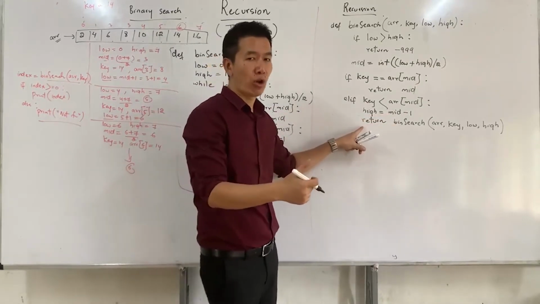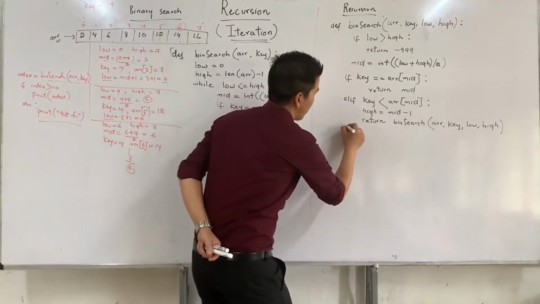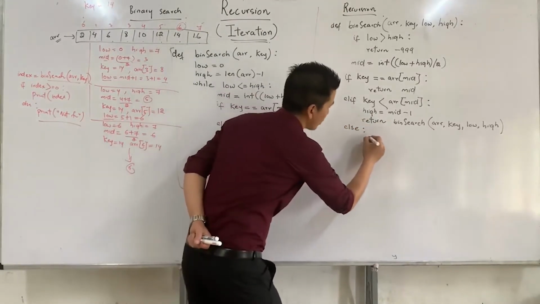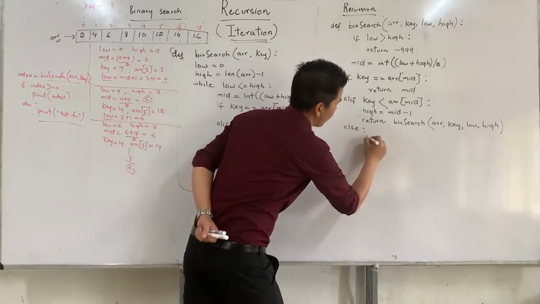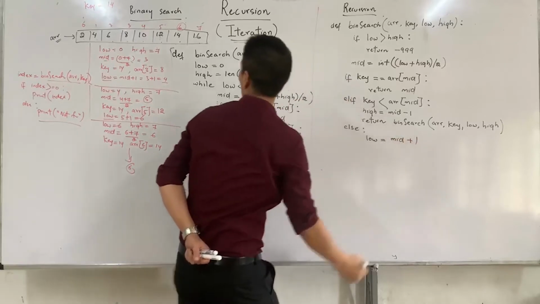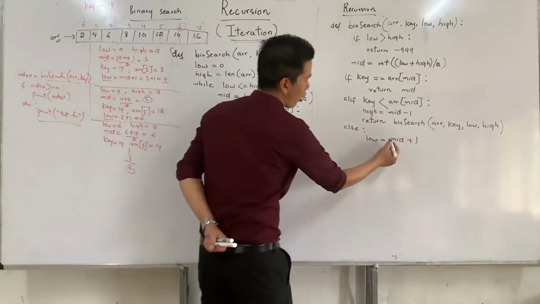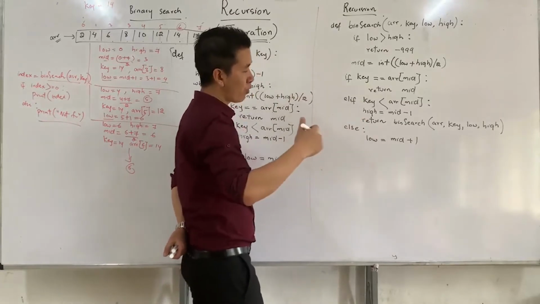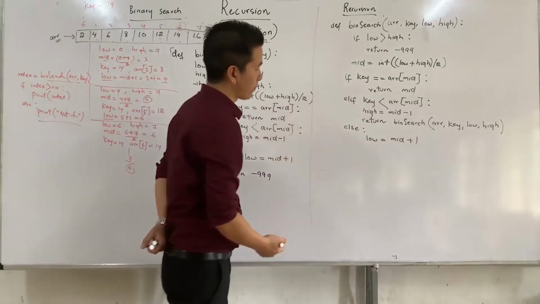If neither condition evaluates to true, I have to change the value of low to mid plus 1, indicating that the element to be found lies in the later half.